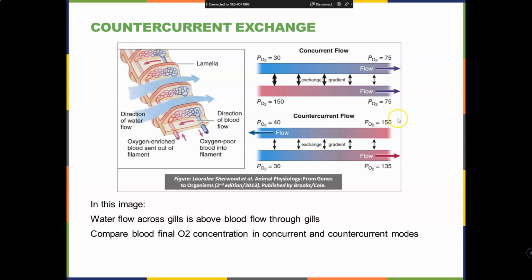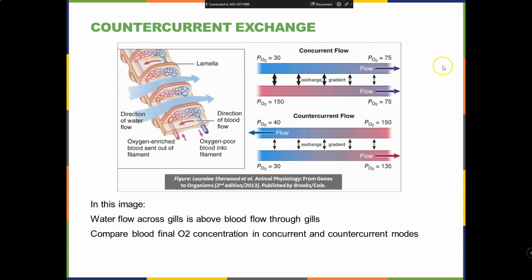The seawater coming in has a partial pressure of about 150 millimeters of mercury of oxygen, and begins moving oxygen into the blood, even though the blood has a lot of oxygen already right here. It can continue effectively transferring oxygen to the blood even when the concentration is relatively low in the seawater, because the incoming blood has such a low concentration of oxygen. So this is the countercurrent, very efficient.